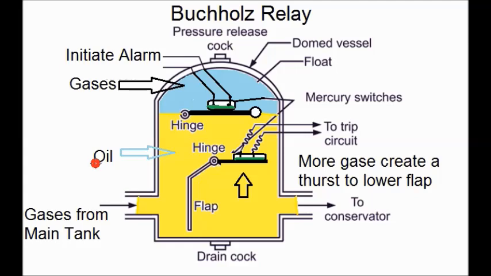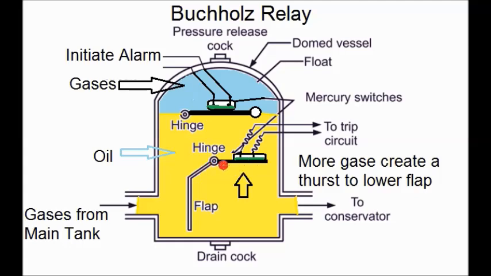Now, when the internal fault is severe, there will be generation of hydrocarbon gas in plenty of quantities. Due to generation of huge quantities of hydrocarbon gas, this gas, along with the transformer oil, will flow through the pipeline towards the conservator, and it will give a thrust to the flap of the mercury switch.